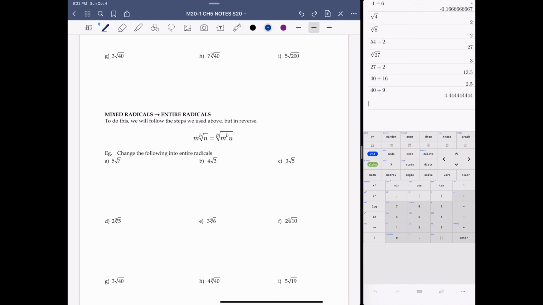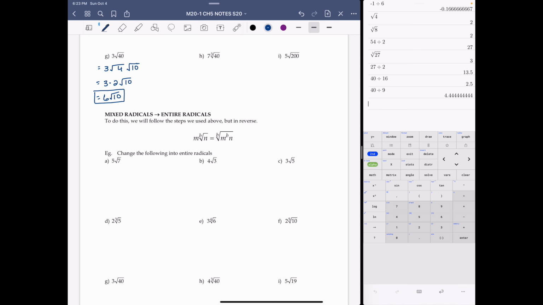No, it doesn't divide evenly. Can 9 divide 40? 40 divided by 9. No, it doesn't divide evenly. So it's going to be 4, which gives us 3 times the square root of 4 times the square root of 10. We can take the square root of 4. We get 3 times 2 times the square root of 10. 3 times 2 is 6. So we have 6 square root 10.